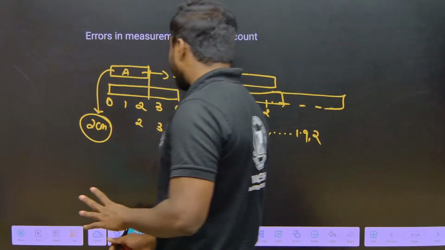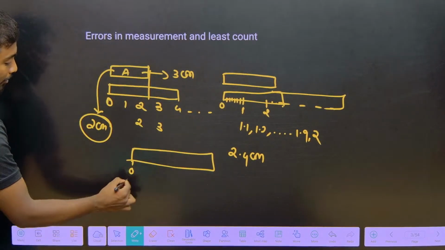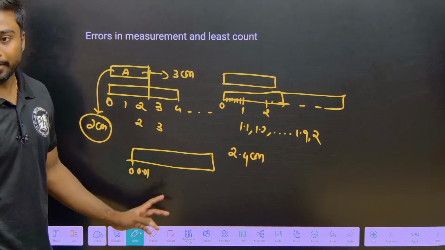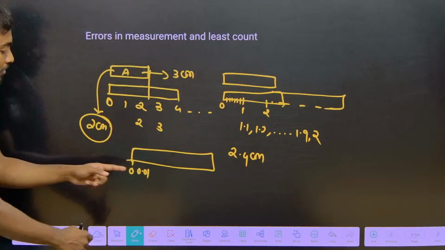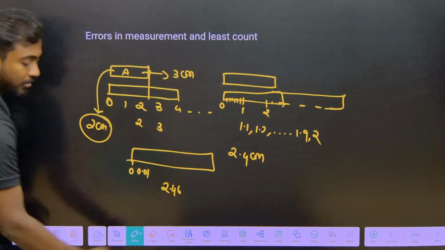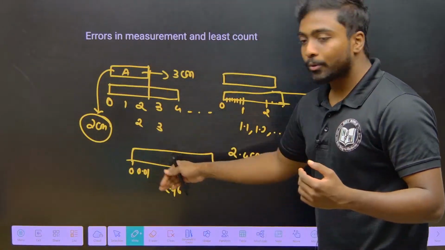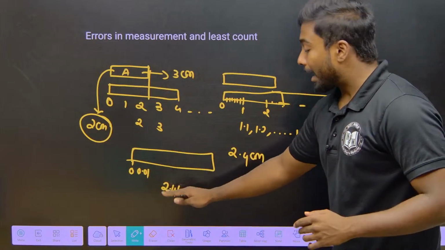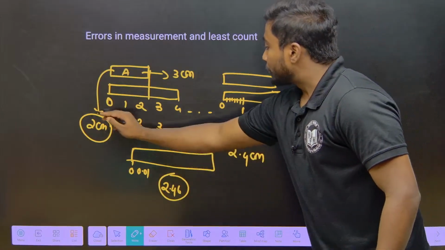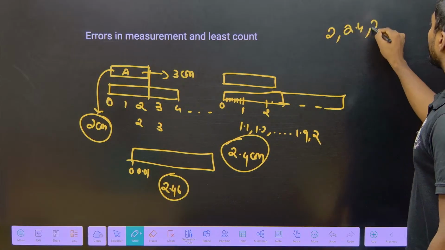If I take a scale with 0 centimeter, 0.01 centimeter, 0.02 centimeter and so on, I am able to measure 2.46. Whenever the least count is smaller, I will get more significant values.